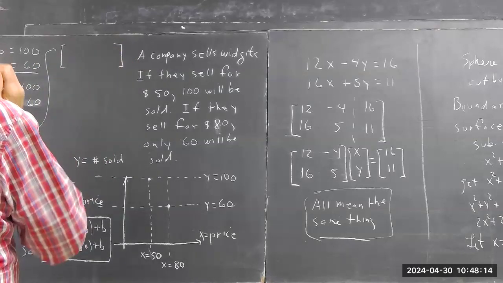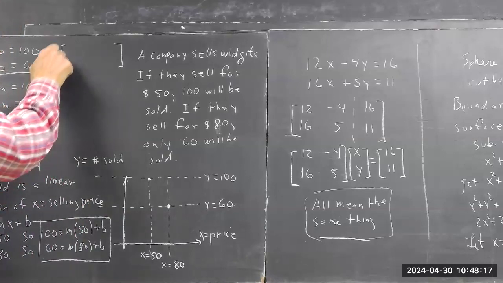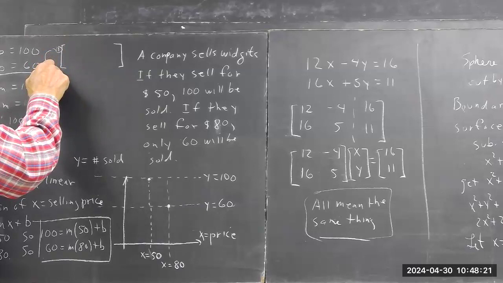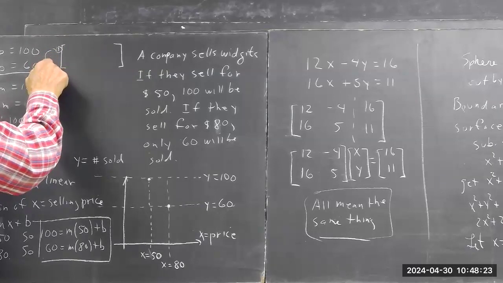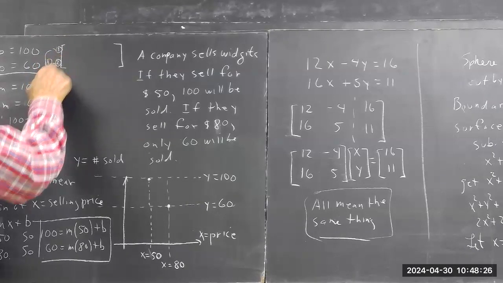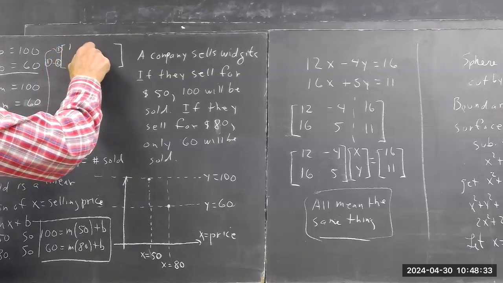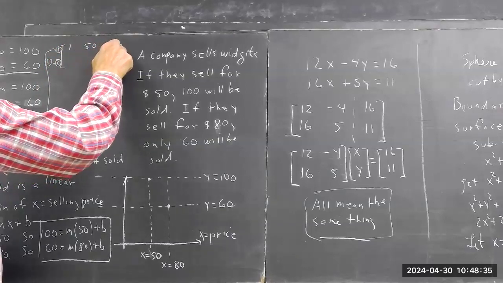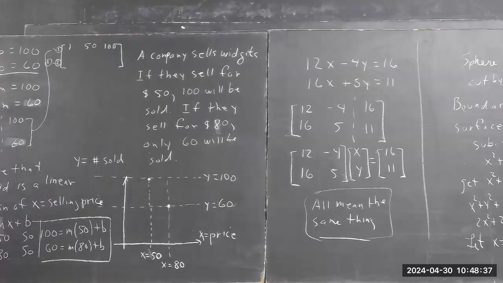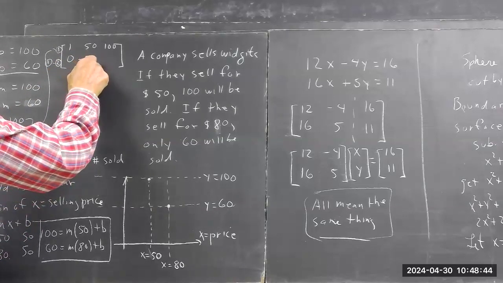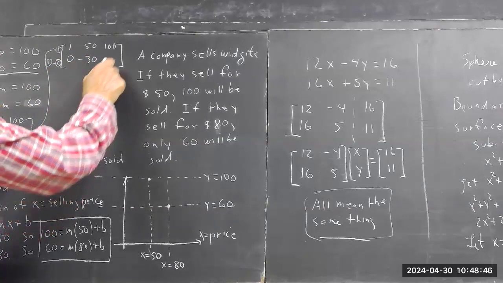My first row is going to be row 1, and the second row will be row 1 minus row 2. So I've got 1, 50, 100, and row 1 minus row 2: 1 minus 1 is 0, 50 minus 80 is negative 30, 100 minus 60 is 40.